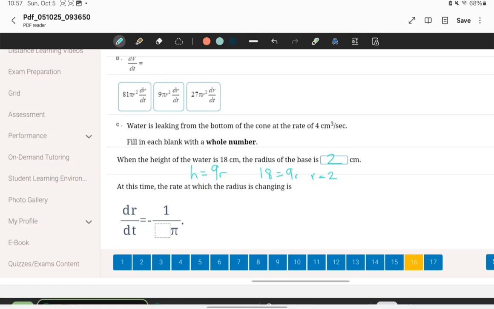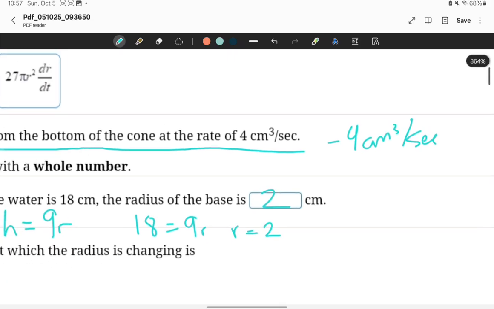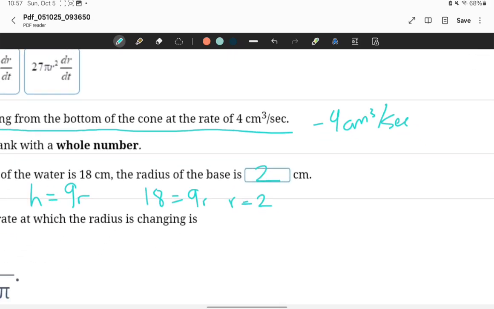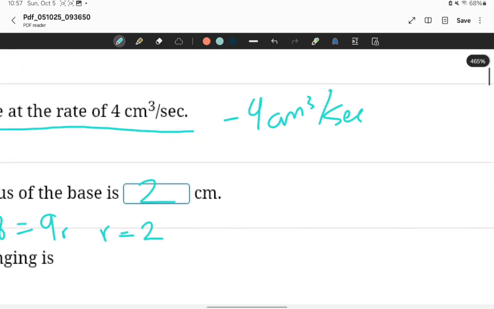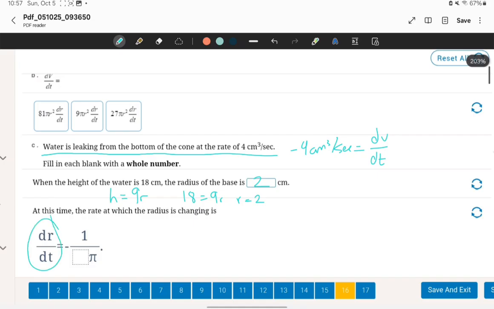Now the last part. They told us that water is leaking from the bottom at 4 centimeters cubed per second. That means we're losing 4 centimeters cubed per second of volume, right? This is our volume, so dV/dt is -4, okay? And they want dr/dt.